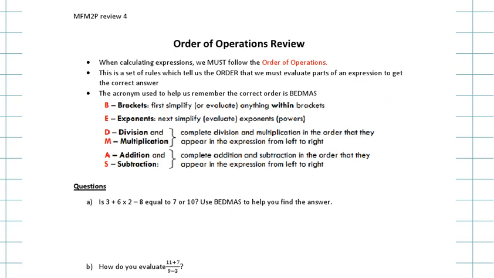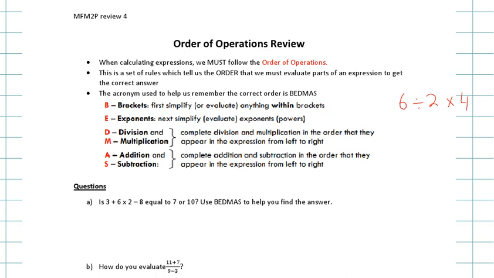Now, division and multiplication is a little bit tricky. Okay? With division and multiplication, you have to look at which one comes first. Is the division sign coming first, or is the multiplication sign coming first? Okay? So, for example, if you have 6 divided by 2 times 4, which one comes first, division or multiplication?